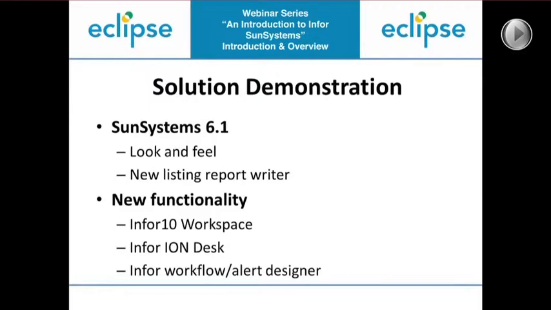We'll have a look at how some of the standard listing reports we were talking about have changed, and then very quickly look at some of the new functionality we talked about in Infor10 Workspace, what that looks like and how it can be configured, and Infor ION Desk, the tool for configuring workflow and alerts. So I'll switch across to the demo machine, run through some of those things very quickly, and then I'll switch back and ask Emma to open the session up for any questions and answers.